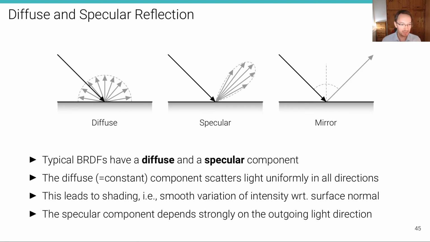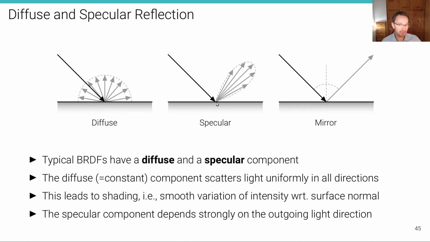Now, how do these bidirectional reflectance distribution functions look like? Well, typically they have a diffuse and a specular component, which is familiar to you. If you look at surfaces, some of the surfaces are rather diffuse and some of them are more shiny, mirror-like. If you have just a purely diffuse surface, that means that an incoming light ray is reflected into all directions equally strongly.